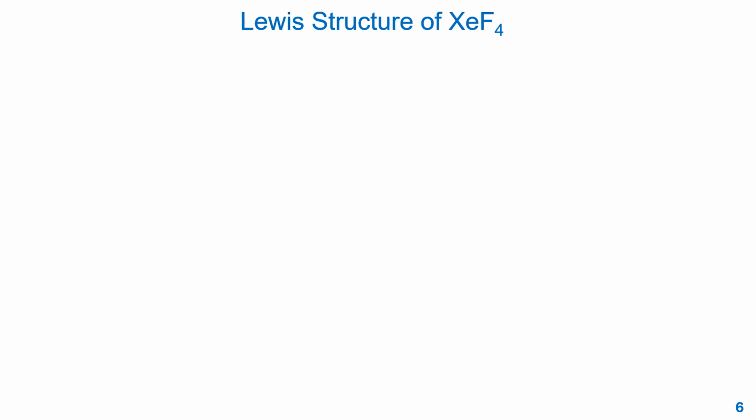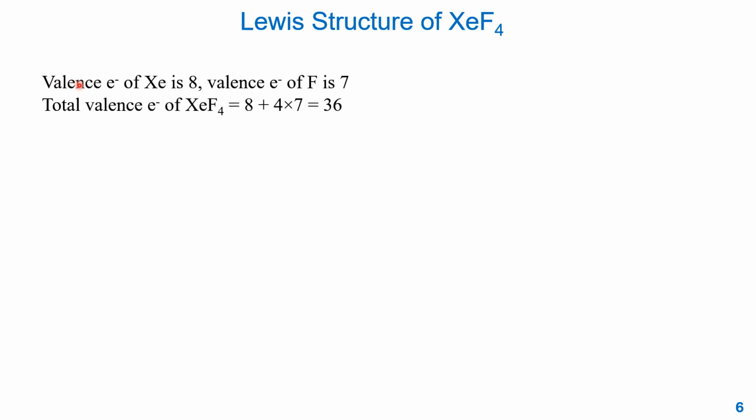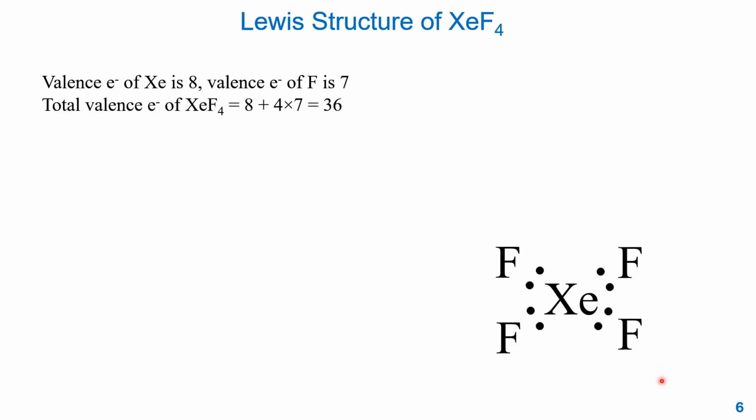Another example is xenon tetrafluoride. Calculate the valence electrons number. Xenon is a noble gas. Its valence electrons number is 8, but you have 4 fluorine, so the total valence electrons is 36. Draw the skeletal structure. This is the central atom, the 4 fluorine are the surrounding atoms, and draw 4 single bonds between the central atom and the fluorine.